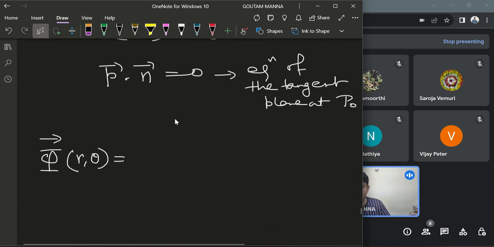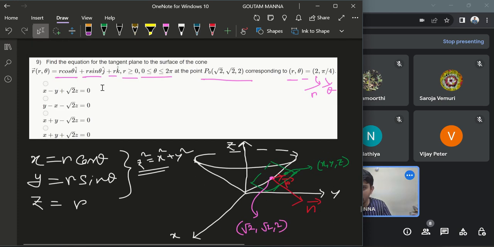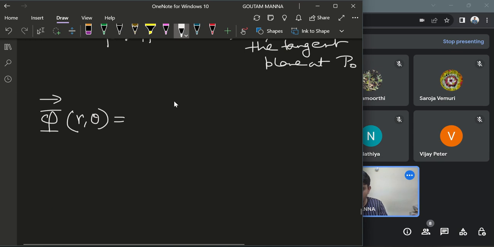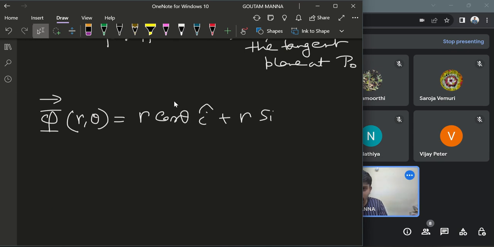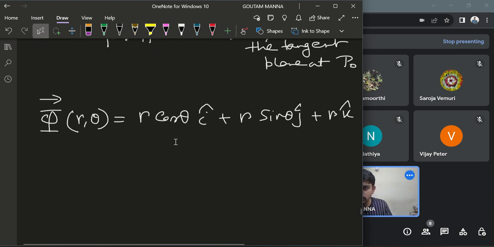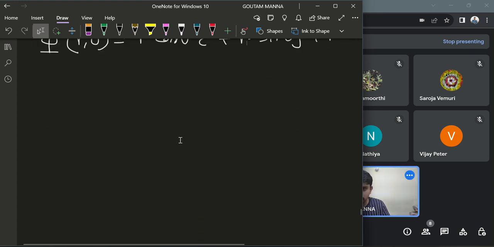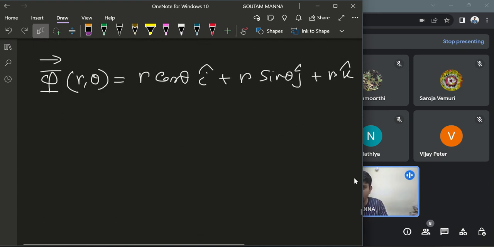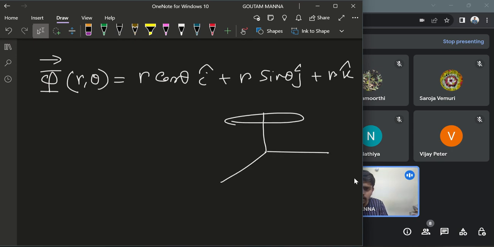This is phi. Phi is R cos theta i cap plus R sin theta j cap plus R k cap, right? This is at any point, any point on the cone.